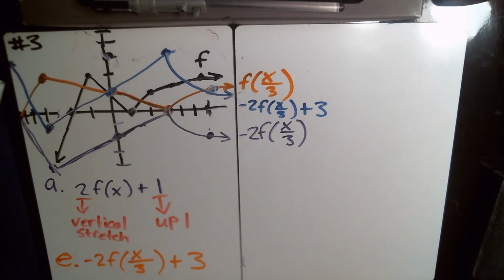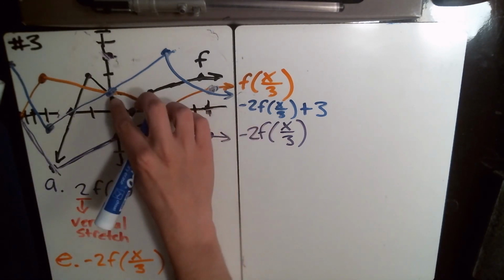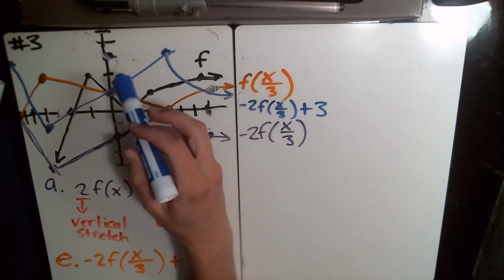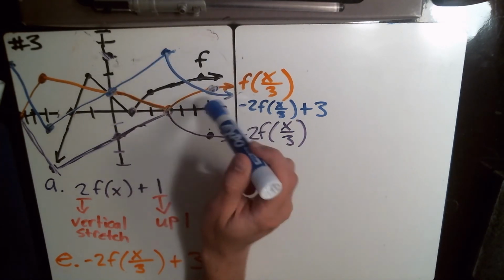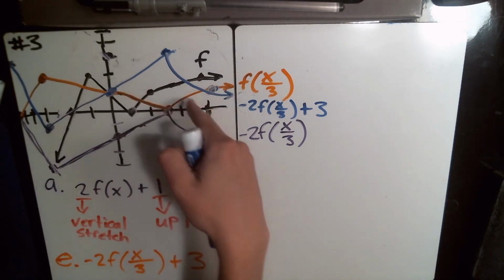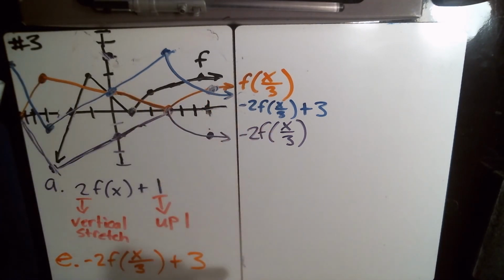If you need to, you want to leave probably your original one on there, but as you get more, you can erase the previous one. So once I got this blue one, I don't really need the orange one anymore. I could erase that.